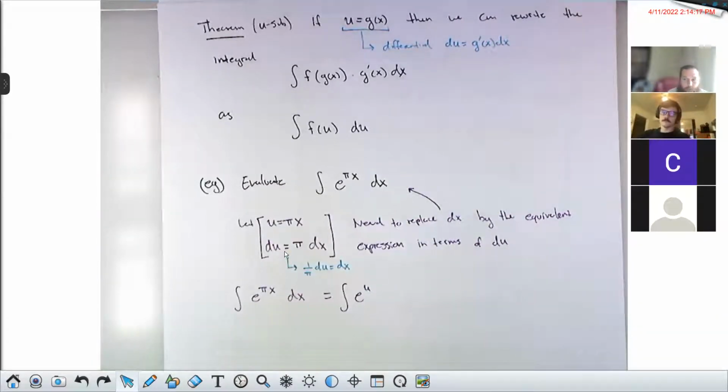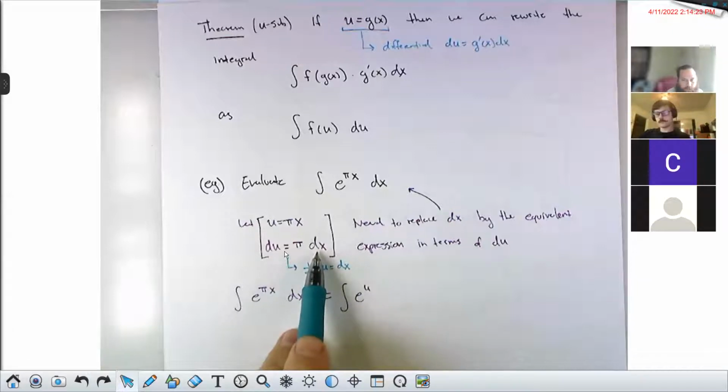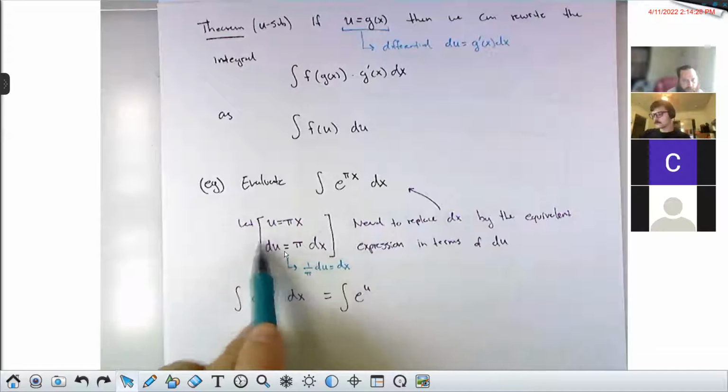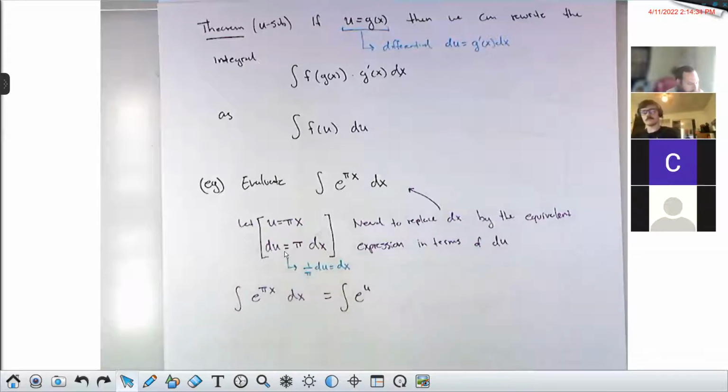So this is the way most people learn it at first. You solve this differential for the piece you're trying to replace. I'm trying to replace dx. So I solve this for dx. To do that, I divide both sides by pi. And now this is what I can plug in for dx here.